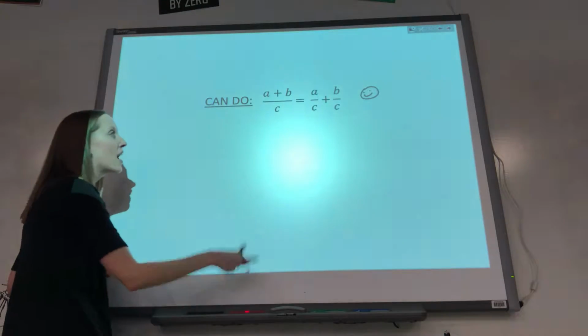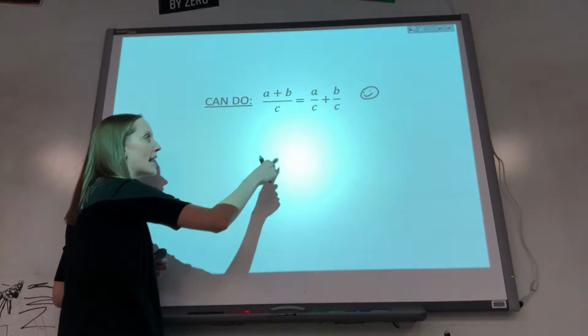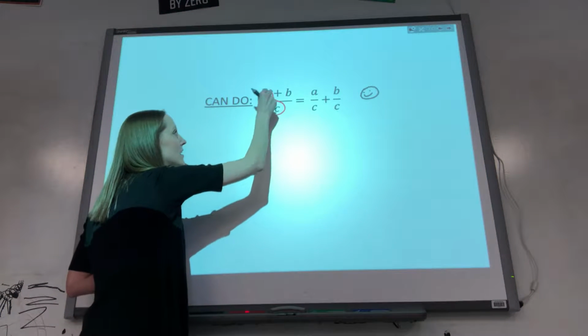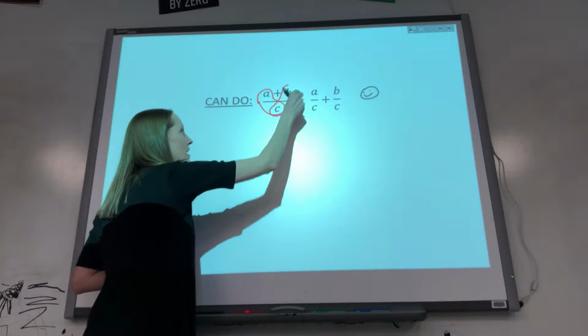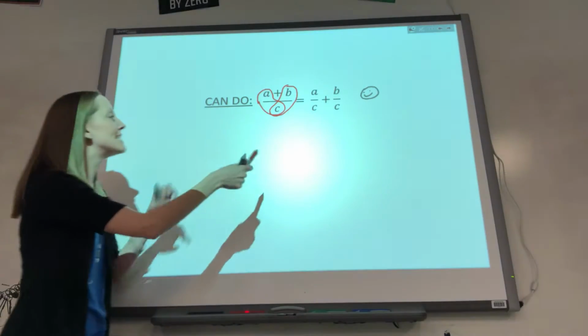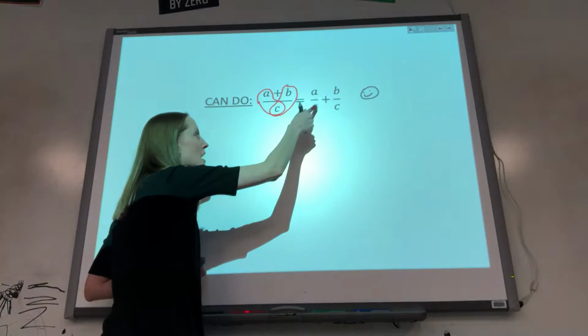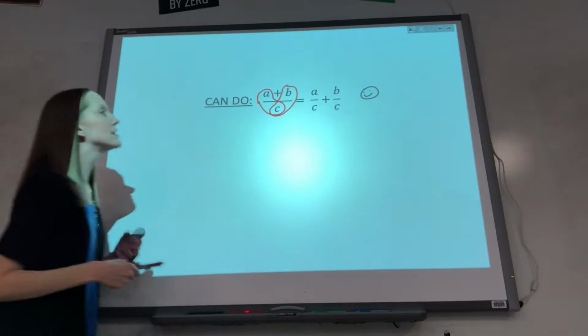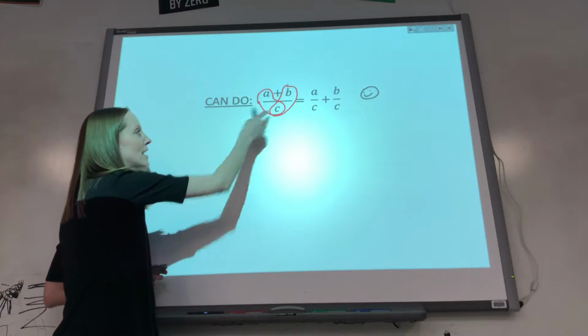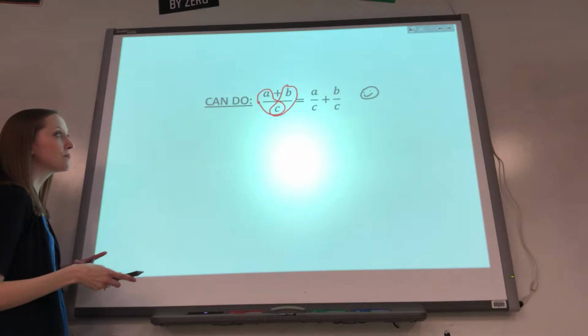If that is how your fraction is set up, you are allowed to break that fraction apart and turn it into A over C plus B over C. That is legal if you only have one term on bottom.